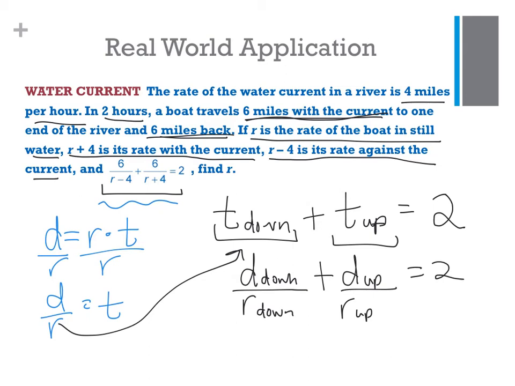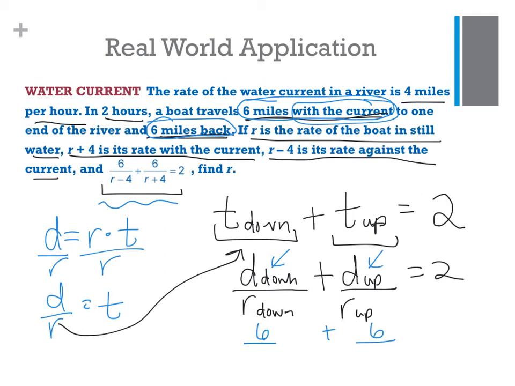Now, the distance traveled downstream or with the current is 6 miles, and obviously it also takes 6 miles to get back to where you started from. So both of these distances, distance downstream is 6 and the distance upstream is 6, but the rates are different. The speed at which you can go downstream or travel with the current is different than when you're fighting the current going back.